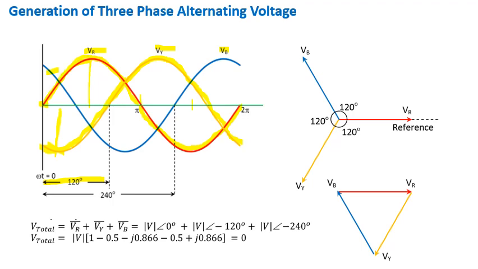At the same time, the B phase voltage, which has started after a delay of 120 degrees, also follows the same variation, but since it is periodic, it was also there when VR and Vy were inducing their voltages. So all the three phase voltages were induced simultaneously, but their magnitudes were different.